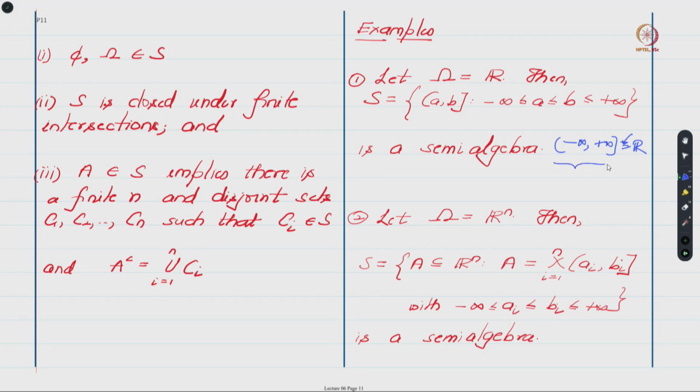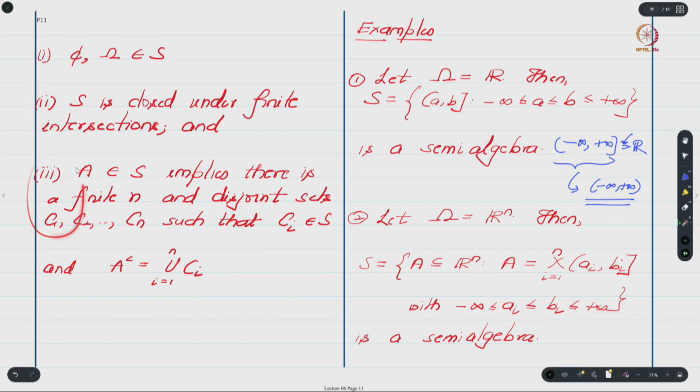Whenever I write open at minus infinity and closed at plus infinity, for that special case we will interpret this set to imply R. Under this interpretation, omega belongs to this collection, and in the same way you can check that the other properties are also satisfied, and because of this the collection is a semi-algebra.